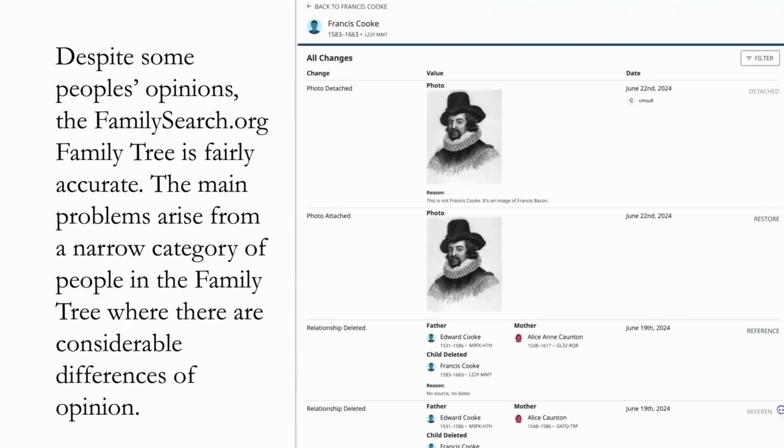And I just kind of want to start out. There's a lot of negative things said about the FamilySearch Family Tree, about changes and about it not being accurate and this kind of stuff. Well, there is a reason for that. It's something that goes along with having a community tree that's open to anyone.